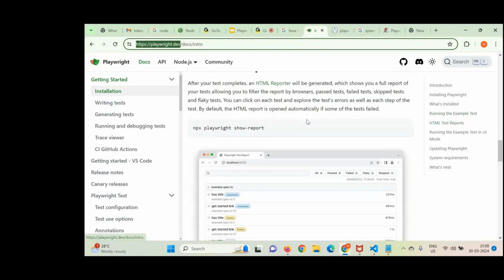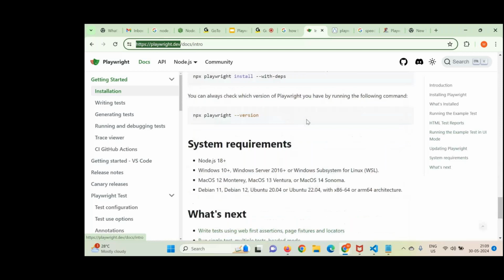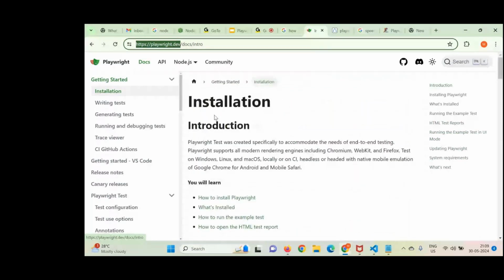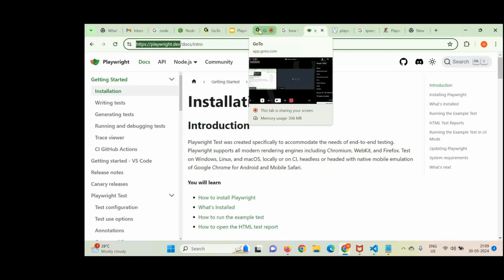This is where we get all the functions and the syntax and semantics of Playwright.